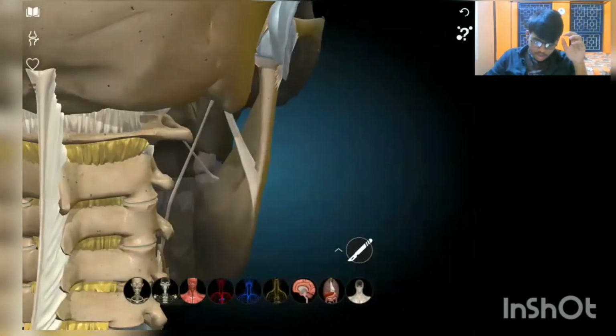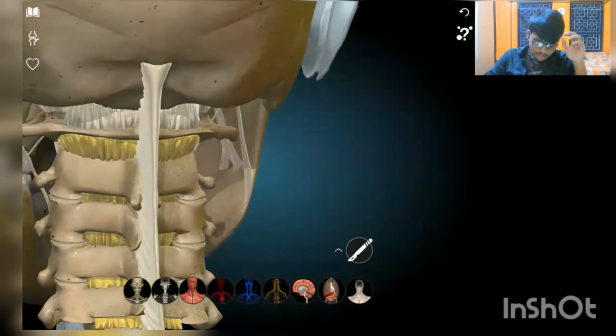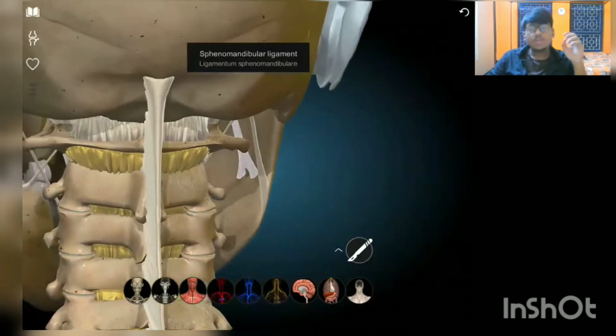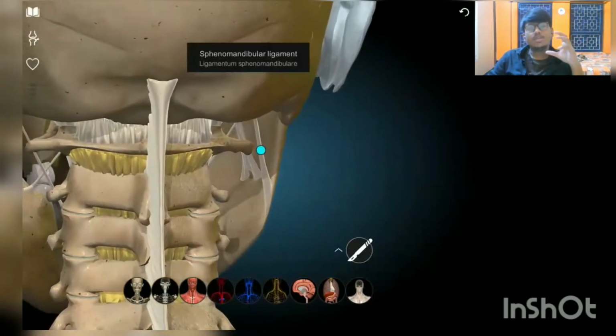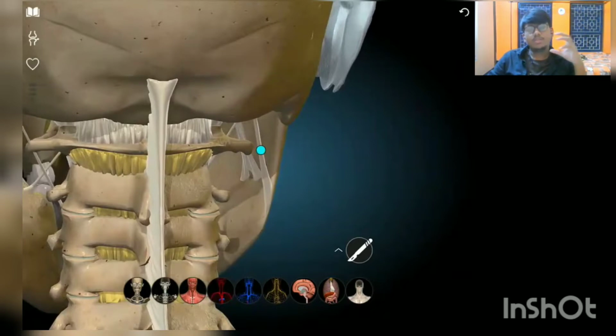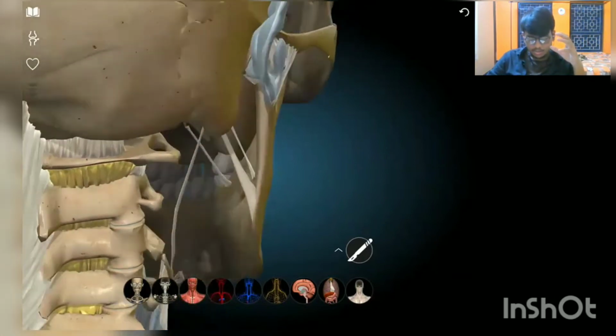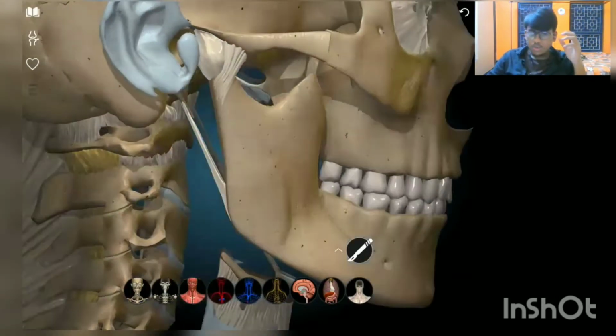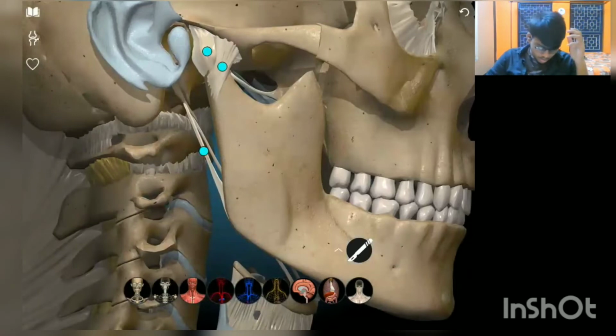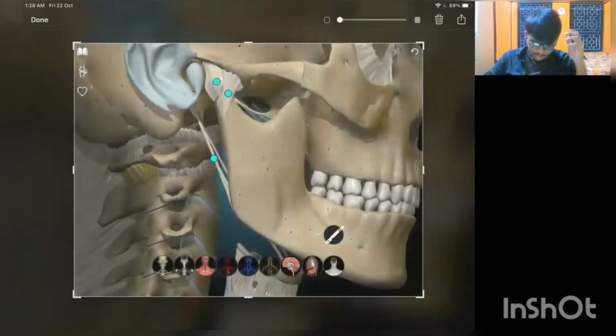From the spine of the sphenoid to the lingula of the mandible, here lies the sphenomandibular ligament. These ligaments help in giving some stability to the mandible, and so these are called accessory ligaments of the temporomandibular joint.